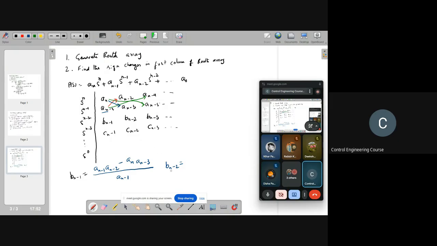That means bn minus 2 is a n minus 1 into a n minus 4 minus a n into a n minus 5 divided by a n minus 1. Like this, you complete all the elements. Is it clear?